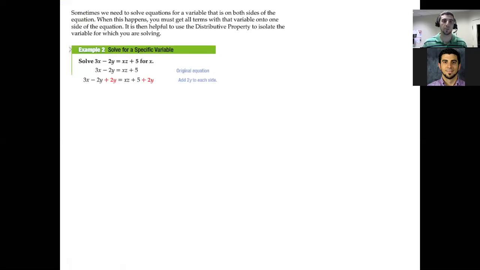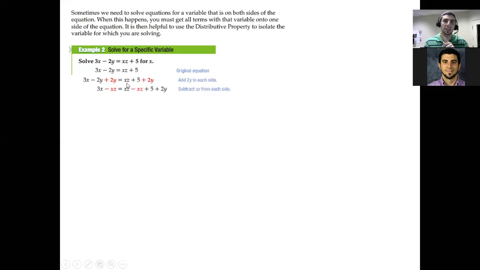So add 2y to both sides. And again, there's no other term with just y, so there's no like term, so you just have to write it as plus 2y. Okay? So you would have 3x equals xz plus 5 plus 2y.